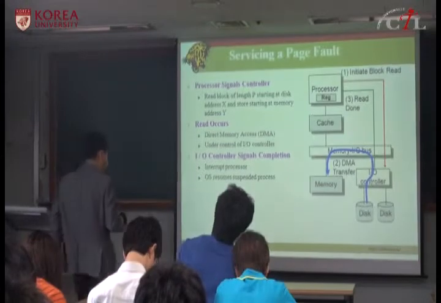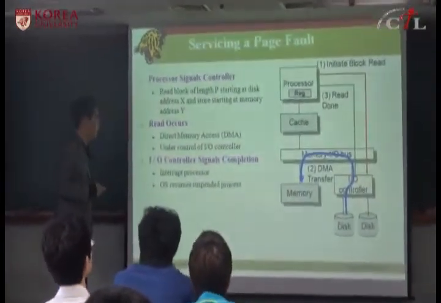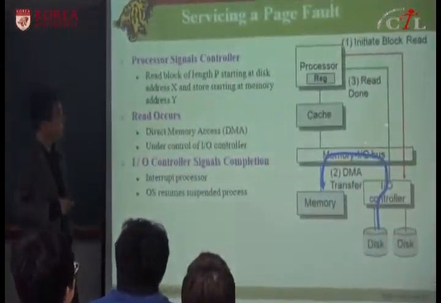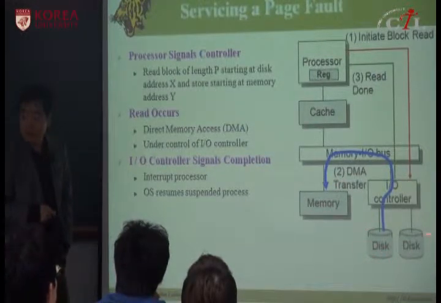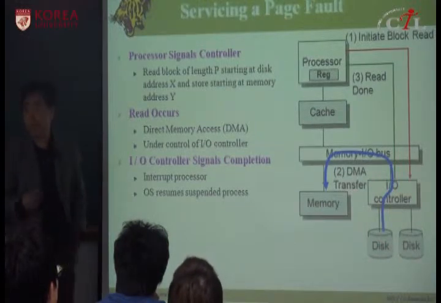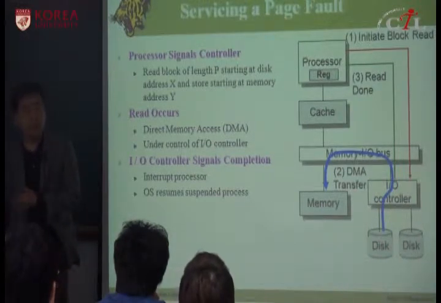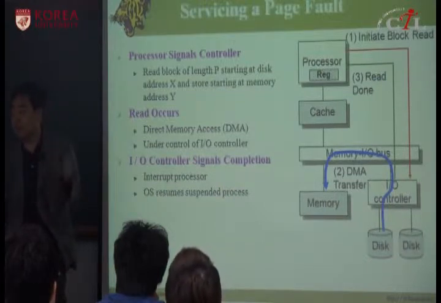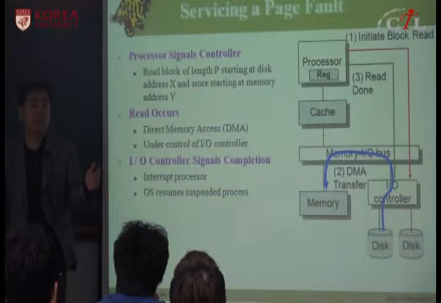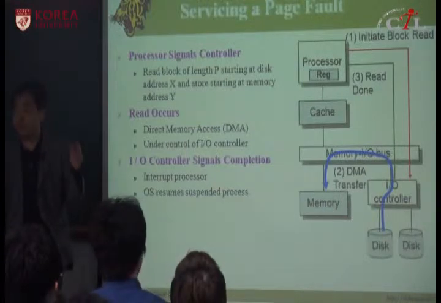And then the DMA, under the control of the I/O controller, knows the start address of memory and the address of the disk drive. They know the size. And internally, they have a counter. Every time they transfer bytes, they decrement or increment the counter, and as soon as the counter reaches the length, they complete.